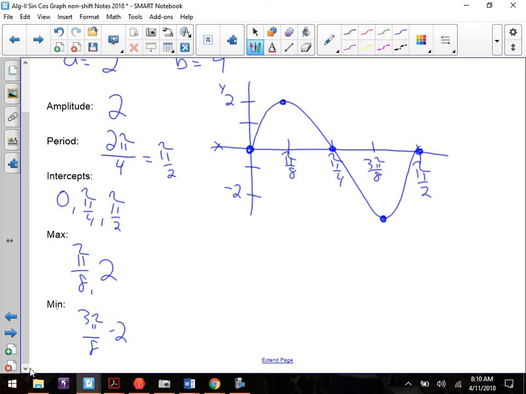Even when we start throwing in negatives and shifted stuff, it's the exact same process over and over again. For sine, you start at 0, you find your period, half it, and add it. It goes the same way every time. Yes.